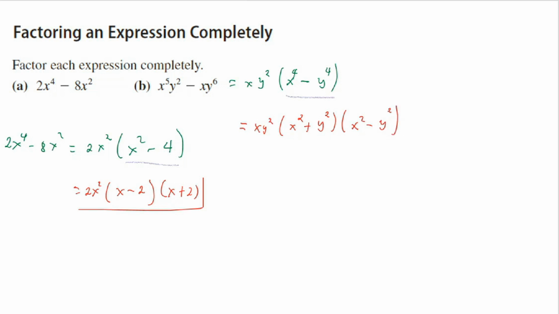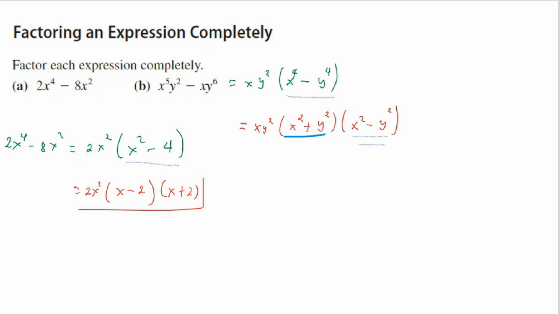So after that, we have to inspect if we still have a part of the answer that is still factorable. Sum of 2 squares is not factorable, but difference of 2 squares is factorable. Now, we are going to copy the terms that are not factorable anymore, but the terms that are still factorable, we have to factor further. All right?